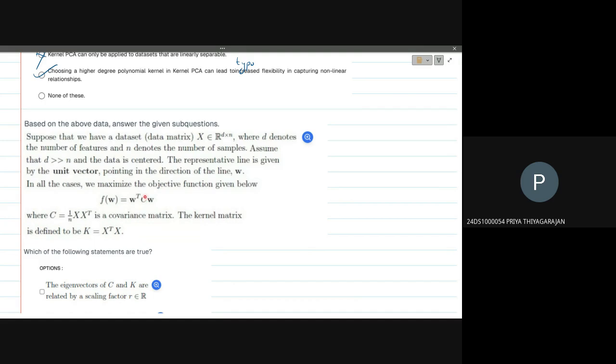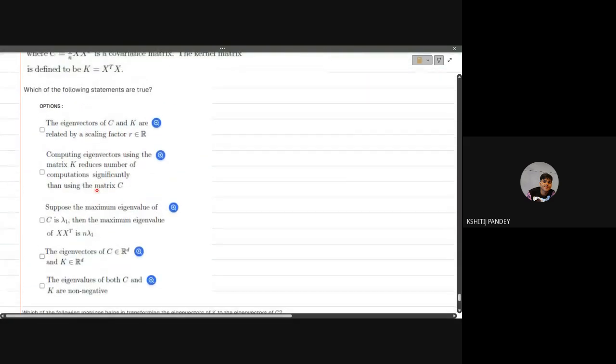Yes, sir. That is why we do that, because computing the eigenvectors of the covariance matrix is computationally heavy. Why? Because what is the dimension of this? This is D cross D, whereas this one is N cross N. Finding eigenvectors of this is easier, right? So this is the setup, and now let's check the options.